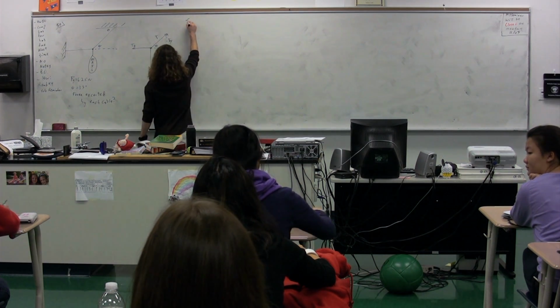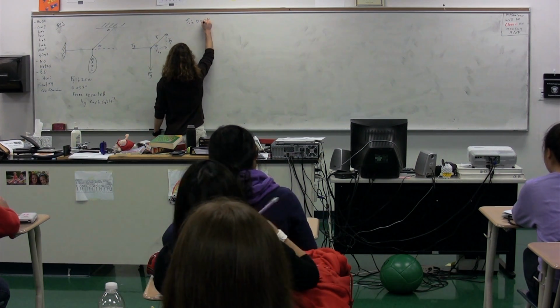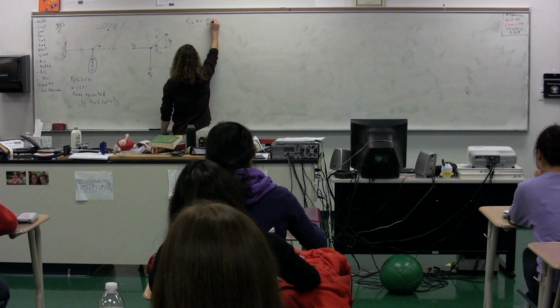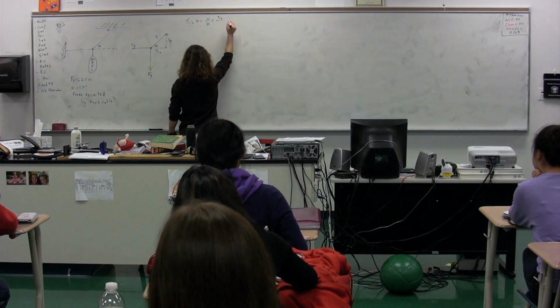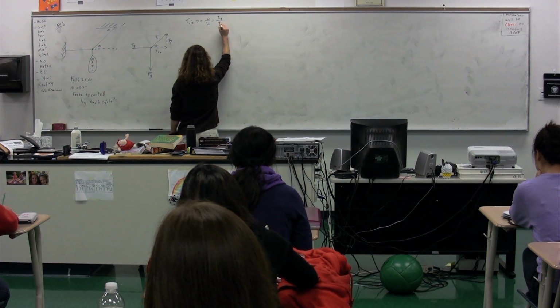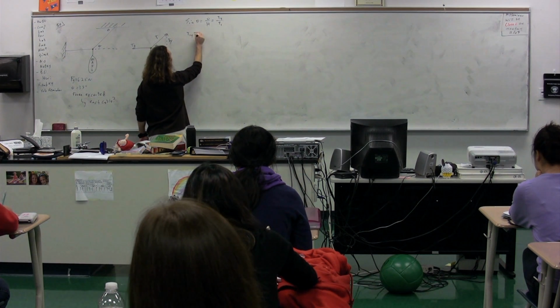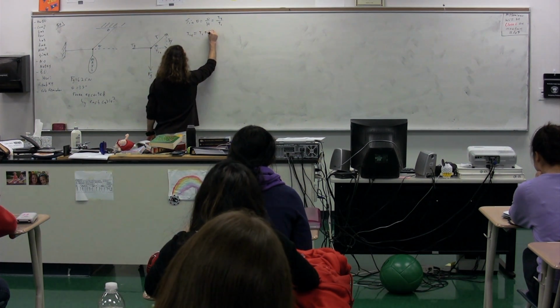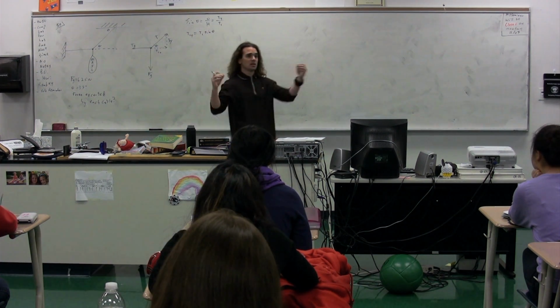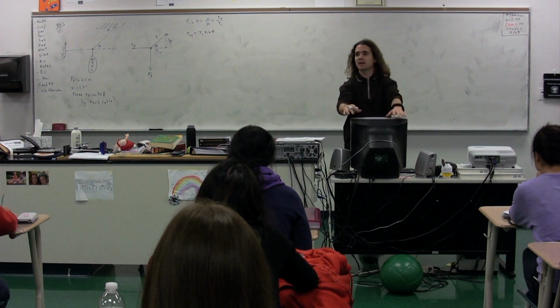Here we go, Meredith. Please break tension 1 into its components. Sine theta equals opposite over hypotenuse. What is opposite theta? T1y, over the hypotenuse, tension 1. Therefore, tension 1 in the y direction equals tension 1 times the sine of theta. Class, do we know tension 1? No. Do we know theta?